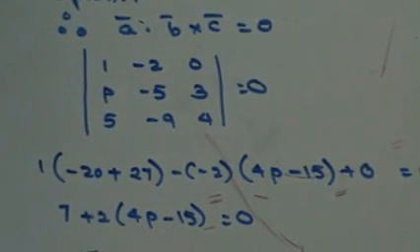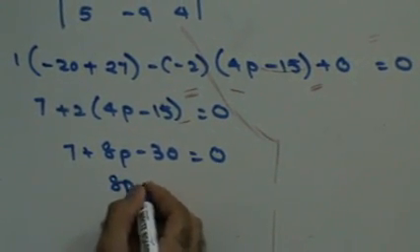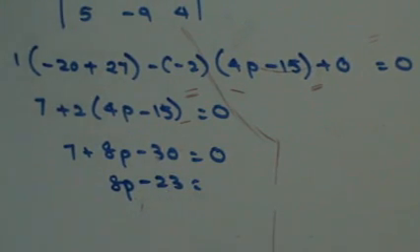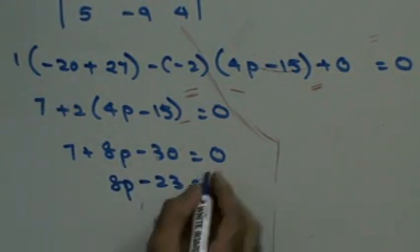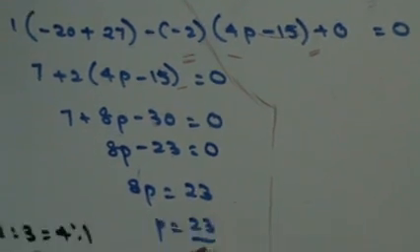So I can say 7 plus 8p minus 30 is 0. So you will get 8p minus 23 is 0. Therefore 8p is equal to 23, p is equal to 23 upon 8. Right? Take the next sum please.